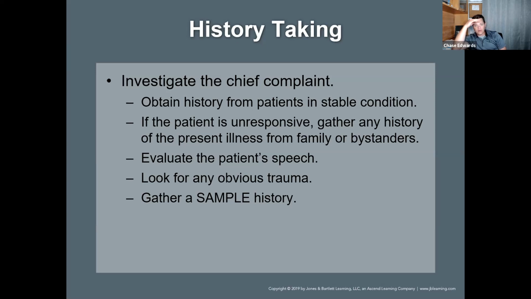If no one is around, quickly look for explanations of an altered mental status, of why it's going on, possibly. If a responsive patient, ask him or her what happened. Evaluate the patient's speech while you're doing this. Look for any obvious trauma or explanations. If you suspect the patient may have had a seizure, then you need to notate that.